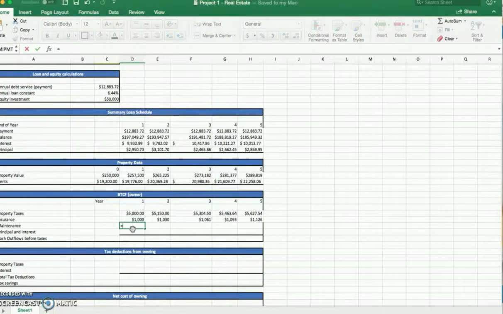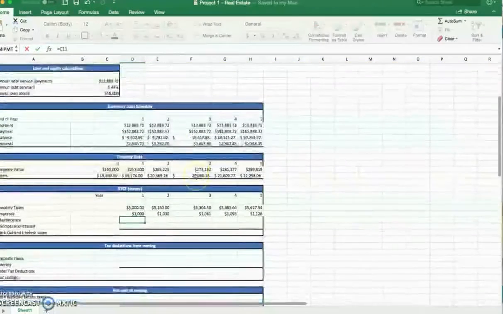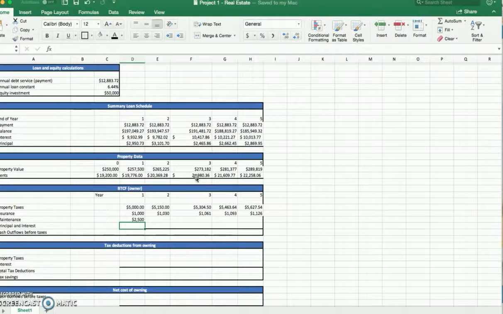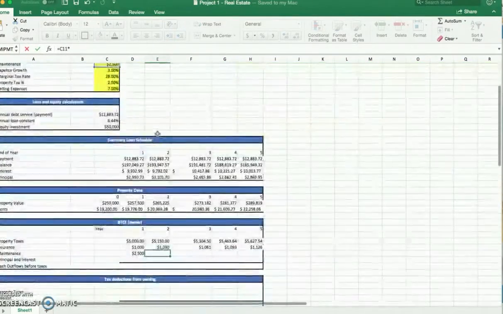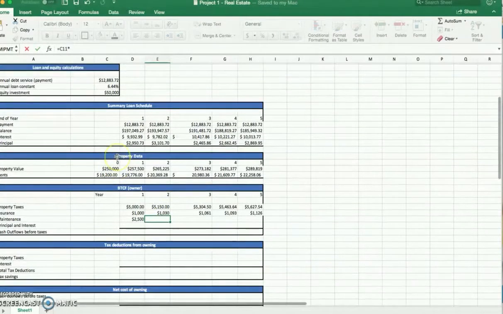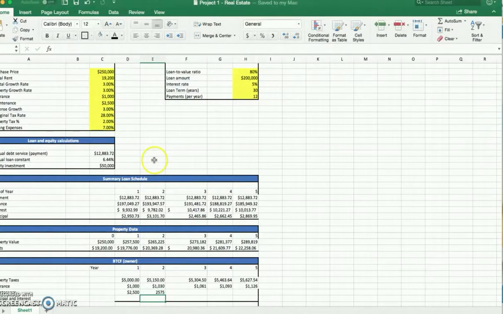You're just going to take the maintenance value, which will be that for the first year. But then for the remaining years, it'll be that same value times 1 plus the expense growth.